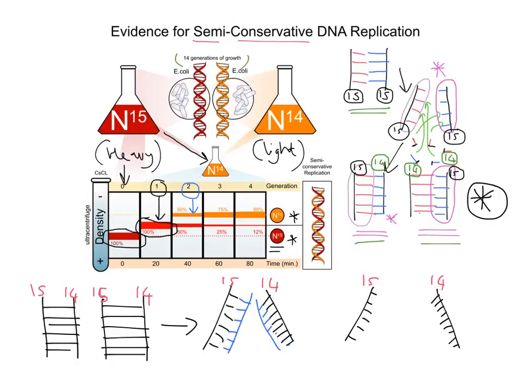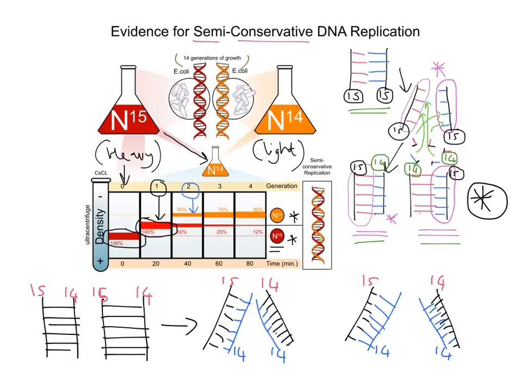Again, not to scale, it's not the best picture, but hopefully you can see where I'm going with this. Again, the diagram's not overly neat, and because that was in a dish of N14, each of these would be of the 14 type, so of N14.